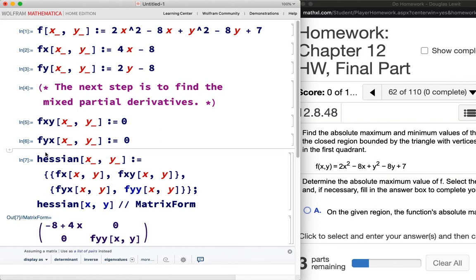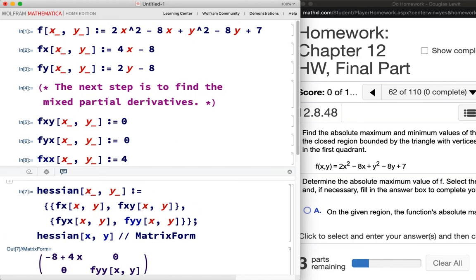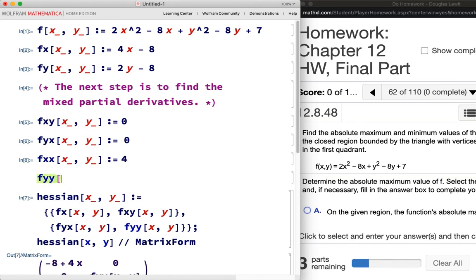Sorry. What I forgot to do: fxx(x,y) is equal to, if I differentiate with respect to x again, this is going to be 4. Sorry about that. And then fyy(x,y), if I differentiate this expression right over here again with respect to y, that's going to be 2. Sorry about that.